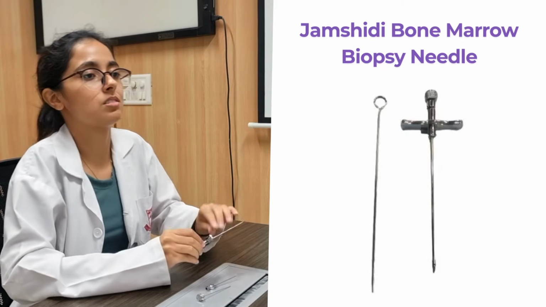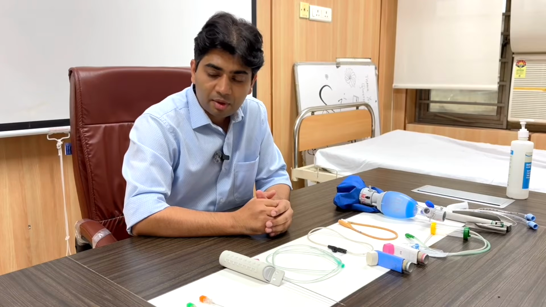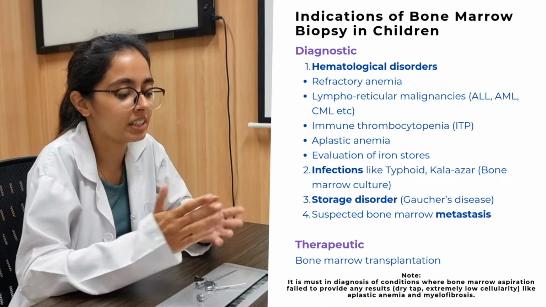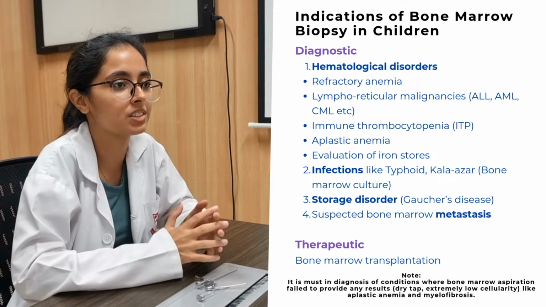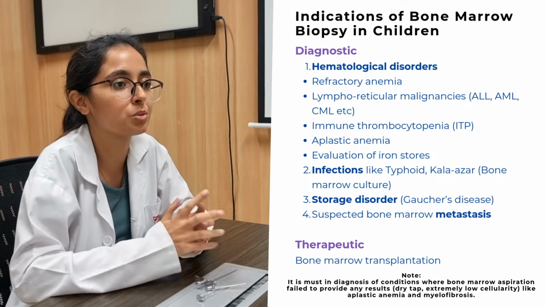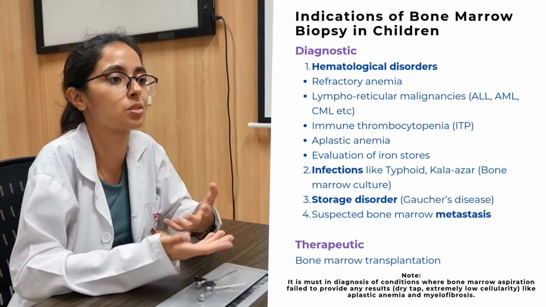Identify this equipment. So this is the Jamshidi bone marrow biopsy needle. And what are the indications for its use? Sir, mostly the indications for biopsy and aspiration are the same, but the biopsy is done in cases where the bone marrow aspiration is failing to provide a diagnosis or is inconclusive.